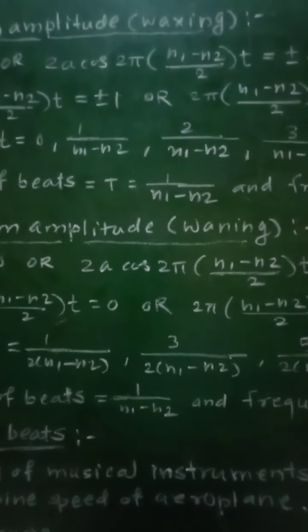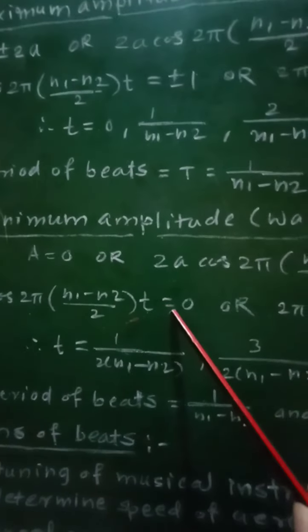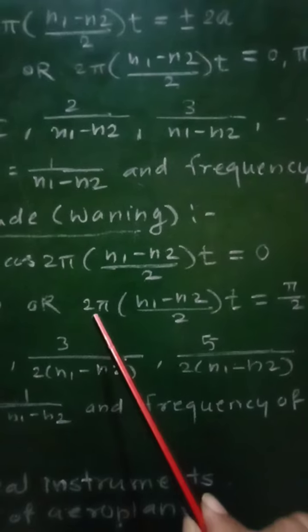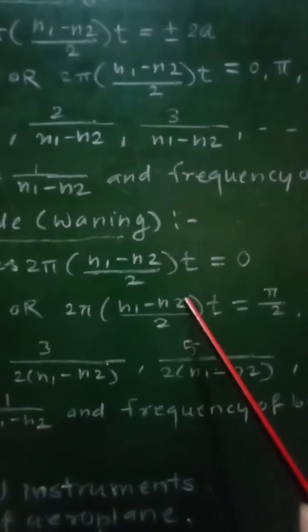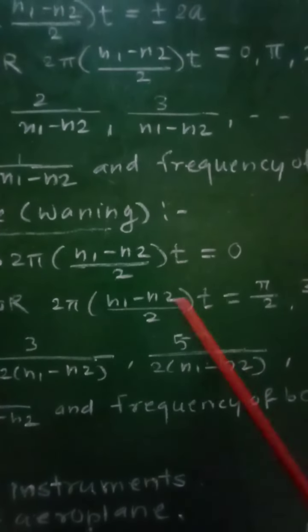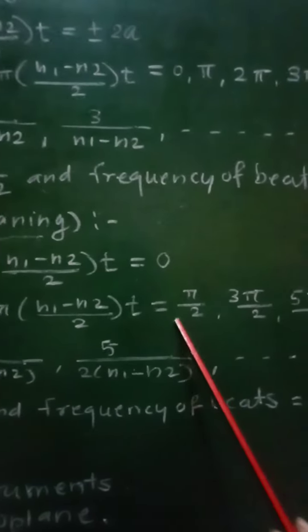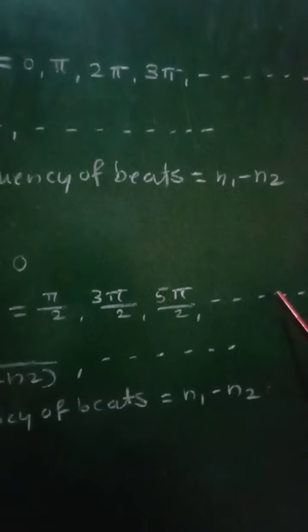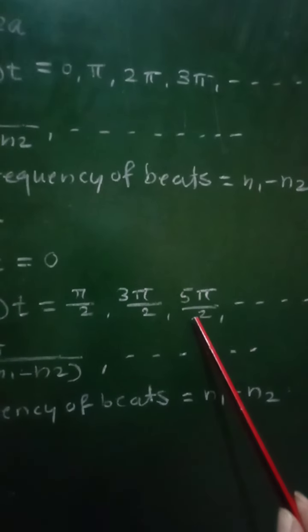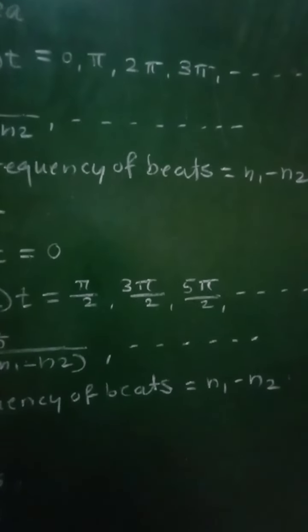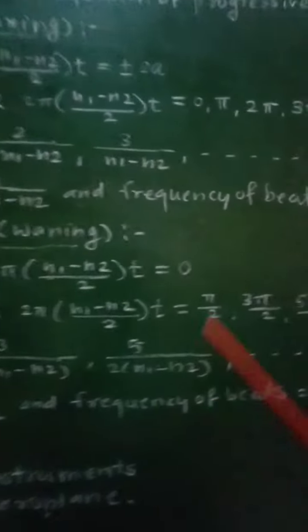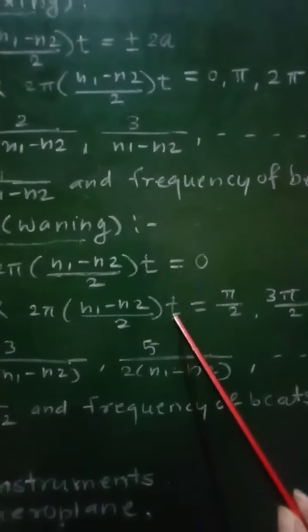If cos of this angle is equal to 0, that angle must have the values pi by 2, 3 pi by 2, 5 pi by 2 and so on, because for these angles the cos is equal to 0, and therefore again we can find the values of t here.